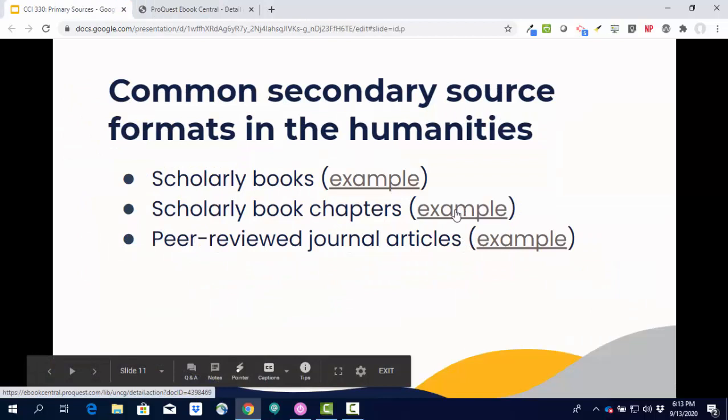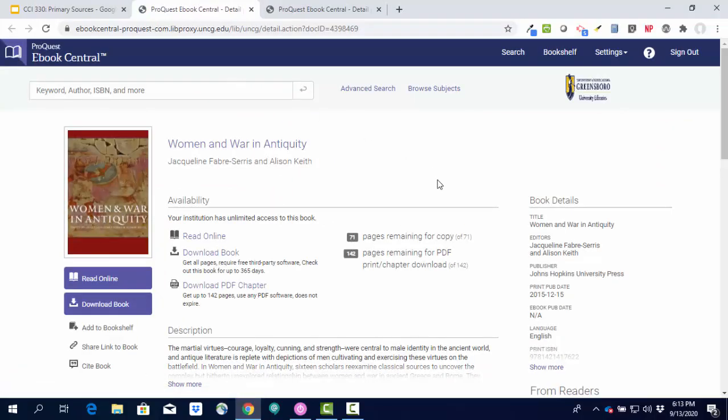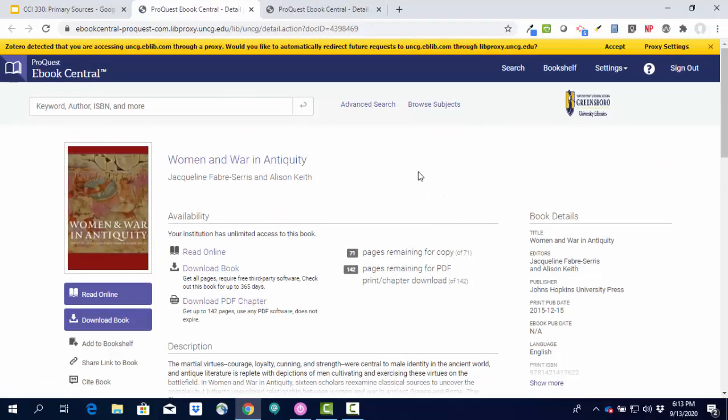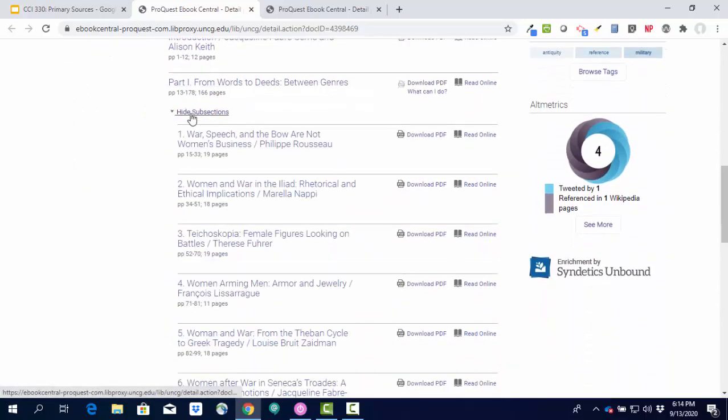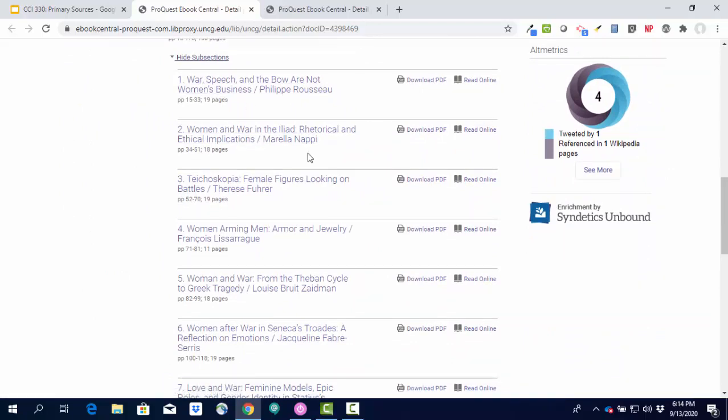Another example of a common secondary source format in the humanities is a scholarly book chapter. Here's an example where we have something that looks fairly similar in terms of the way it's set up, but we have two editors in this case, Jacqueline Faber-Saris and Allison Keith. These editors have put together this book where each chapter is written by a different person.